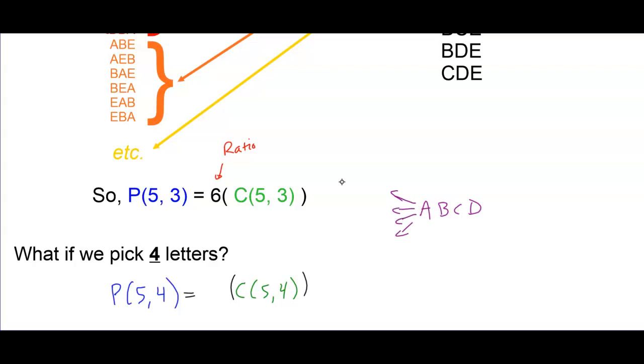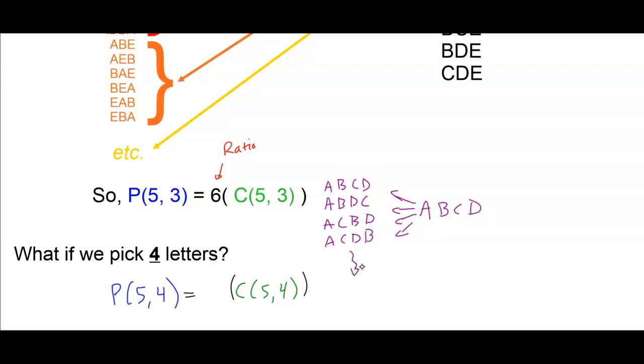You could try to list them all out, but that's probably not a good idea. You've got A, B, C, D, and then A, B, D, C, and then A, C, B, D, and A, C, D, B, and it's going to be a really long list.